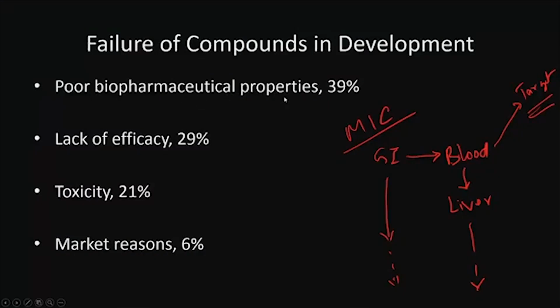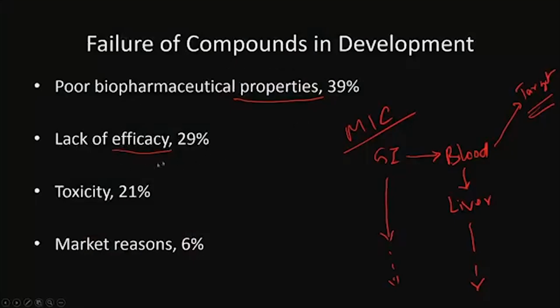A drug is not only doing very well in the lab because it is showing very good activity, but it should also have all the biopharmaceutical properties and good efficacy, so that it passes the clinical trials and gets approved.